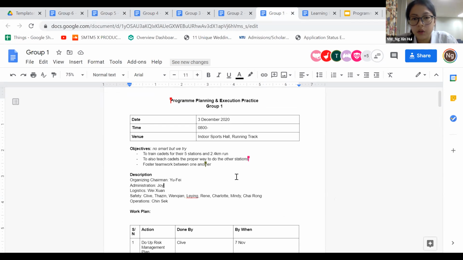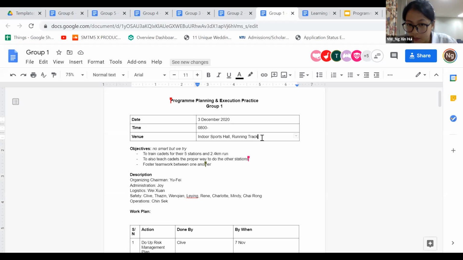For example, for Group 1, you have your running track and you have your indoor sports hall, which I think is very realistic, because most schools don't have an indoor sports hall, and the most they have is probably a school hall. And even if they have an indoor sports hall, they probably don't have the entire full-size running track. So I don't think it's very realistic or efficient if you want to have 2.4 training inside an indoor sports hall.